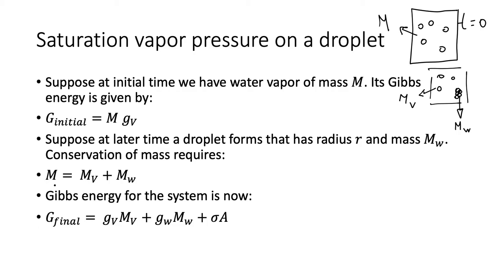The final Gibbs energy of the system will be a sum of two terms. This is quite intuitive. It will be the mass of the water vapor times the specific Gibbs energy for the vapor, plus the mass of the liquid water times the specific Gibbs energy for the water, plus this term. What is this term?